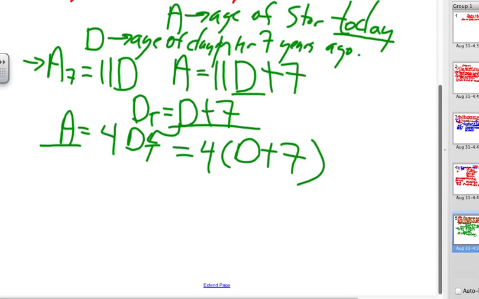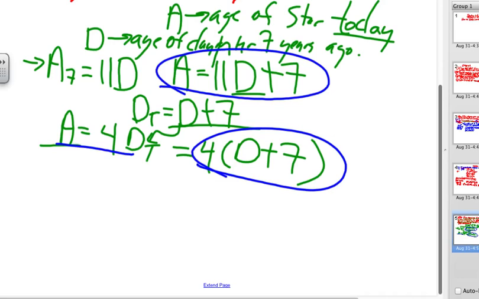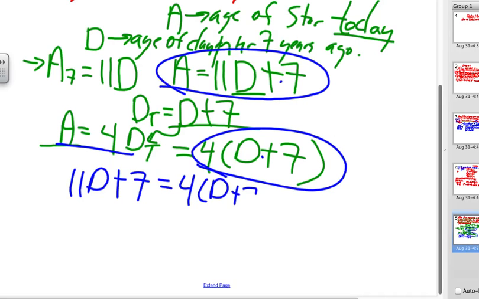This is really slick. Here's one equation for the age of the actor today, and here's the second equation for the age of the actor today. So all I need to do is set these 2 equal to each other. So I'm going to have 11D plus 7 will equal 4 times (D plus 7).